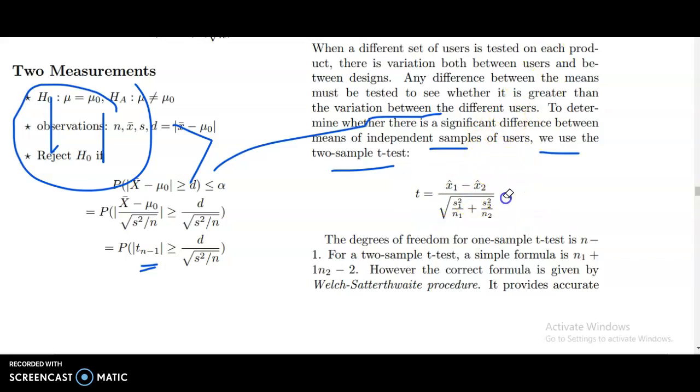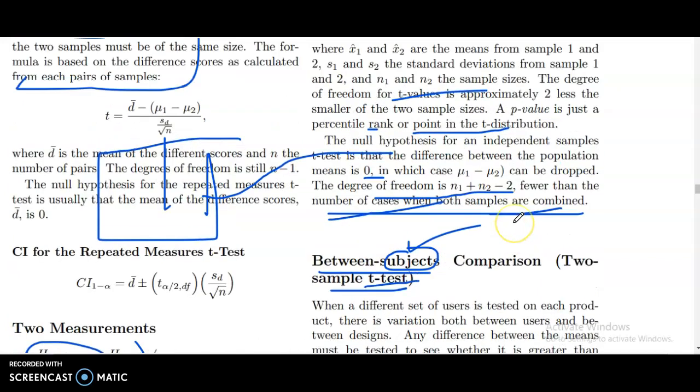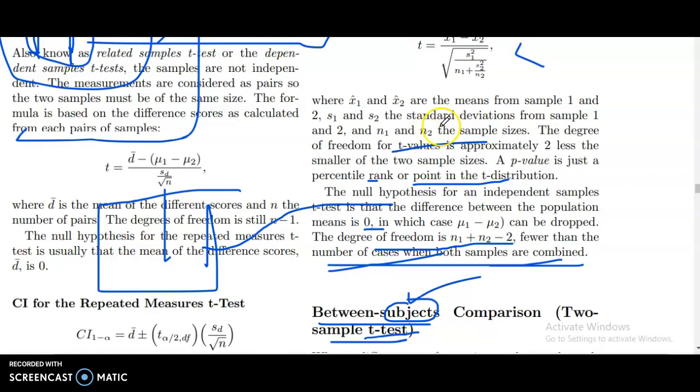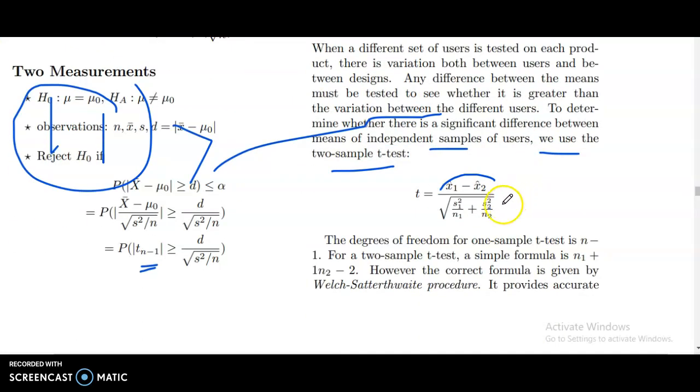What we are doing is taking the mean of the first sample minus the second. S1 and S2 are standard deviations, x1 and x2 are means from sample 1 and sample 2, and n1 and n2 are sample sizes.